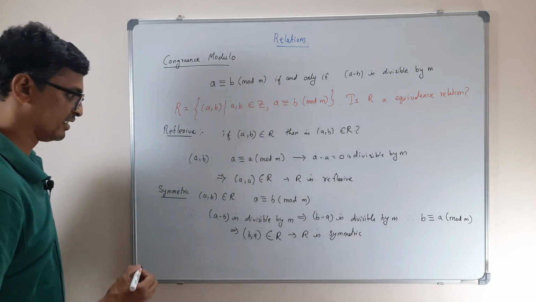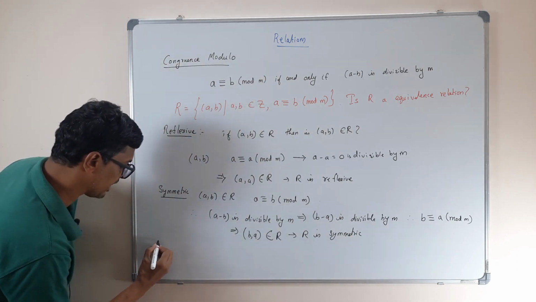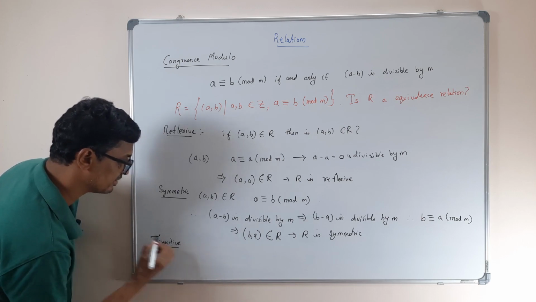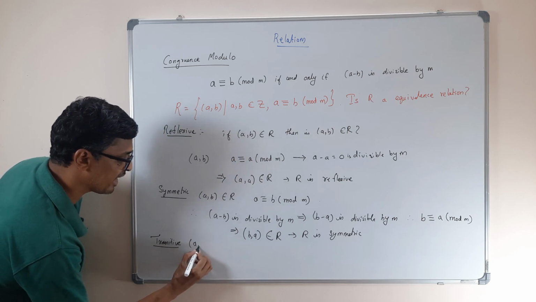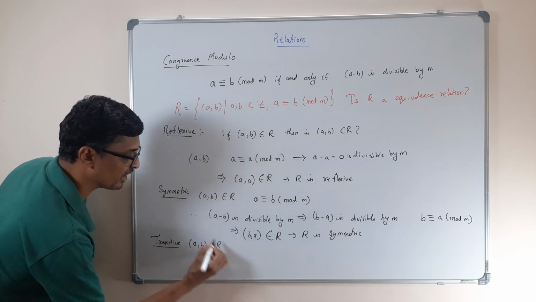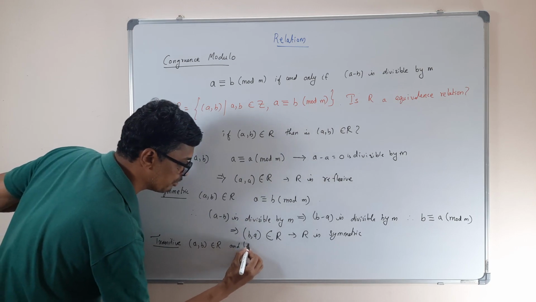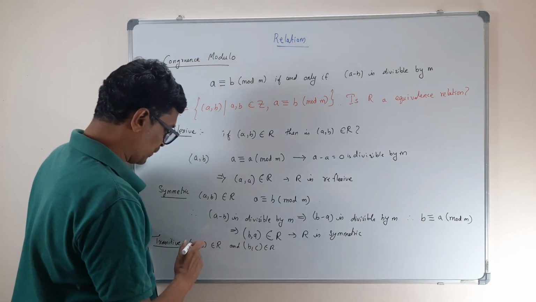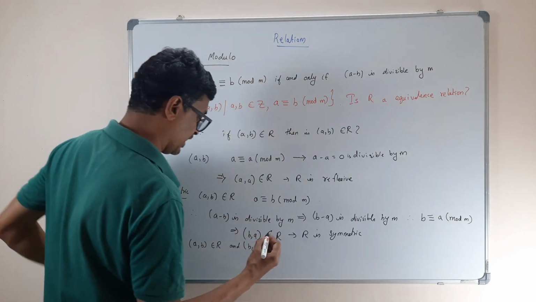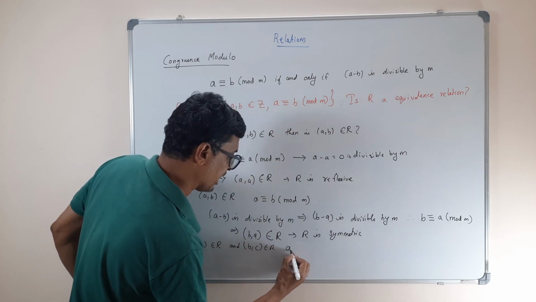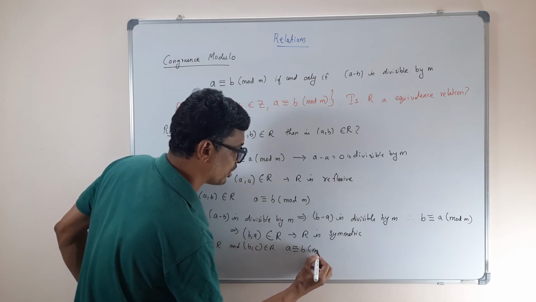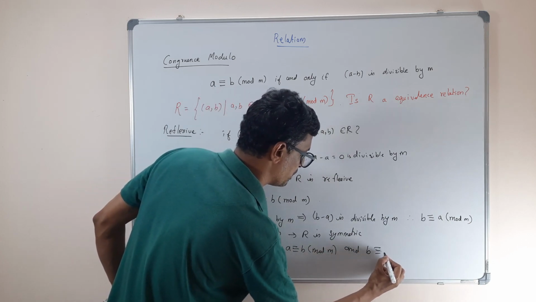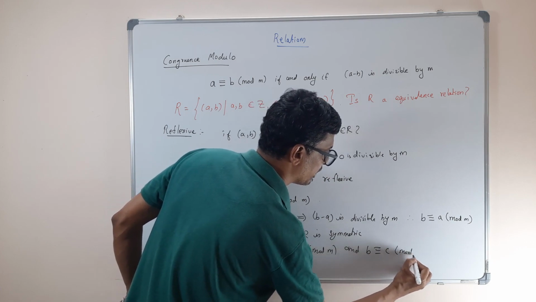Now, last one. What is that? Transitive. Let us see. (a, b) is an element of R and (b, c) is an element of R. So what you want to show? (a, c) is. Right. So if they both are elements of R, then a is congruent to b mod m and b is congruent to c mod m.